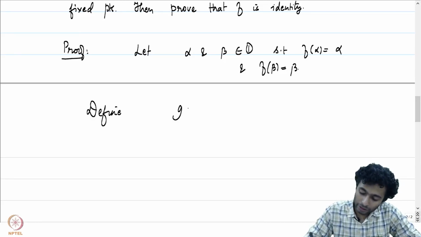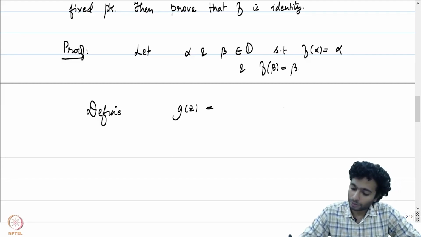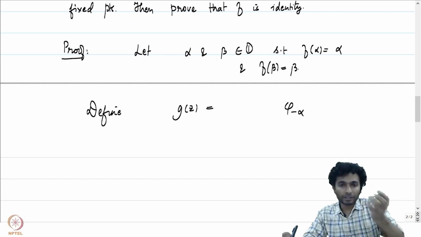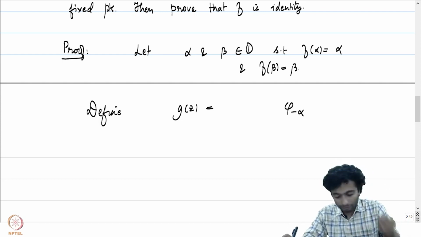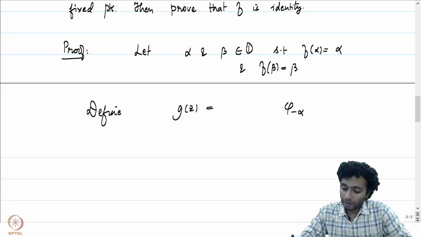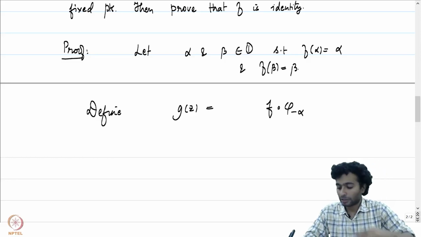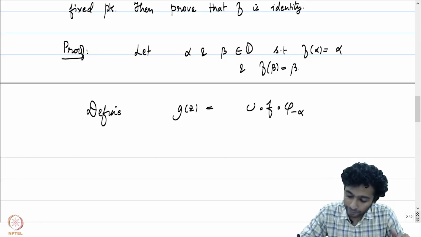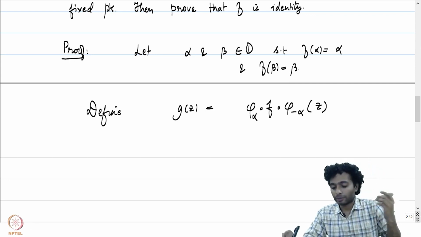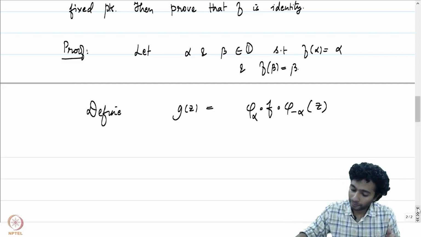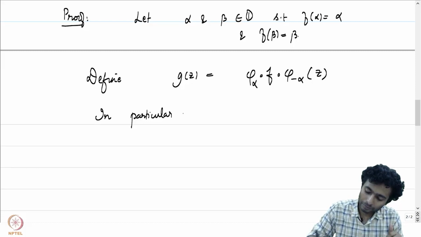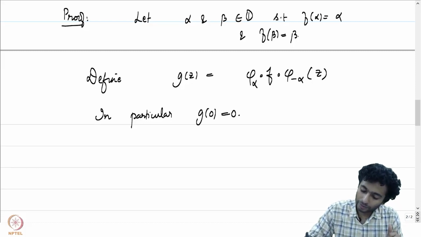Define g of z to be equal to phi alpha composed with f composed with phi minus alpha, where phi minus alpha is just z plus alpha over 1 plus alpha bar z. Notice that this sends 0 to alpha, and when you compose it with f, that sends alpha back to alpha. And then when you compose it with phi alpha, that sends alpha back to 0. So this map g in particular has g of 0 equal to 0.